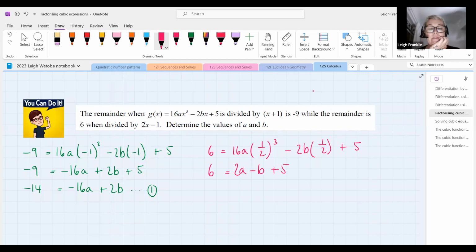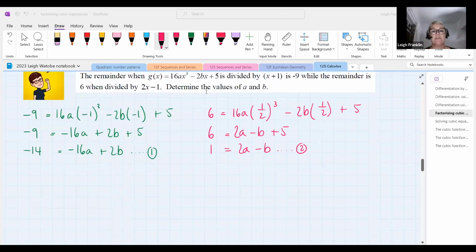And then I'm going to take the 5 over to the other side. So I get 1 is equal to 2a minus b. And that would be my second equation. That's it, Nizuli. So g of a half would be equal to 6. Lovely.